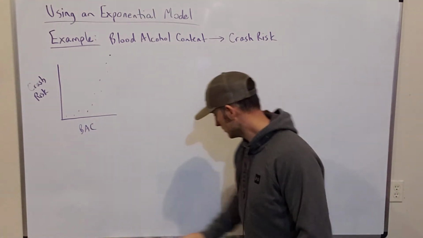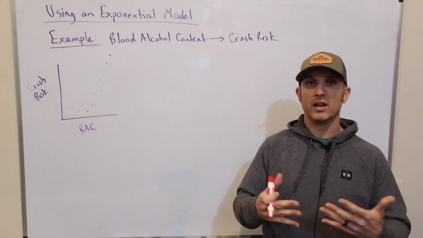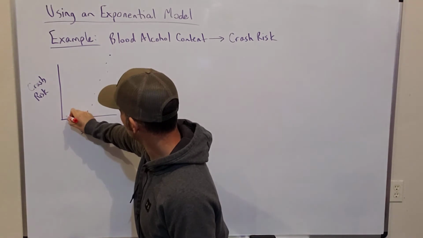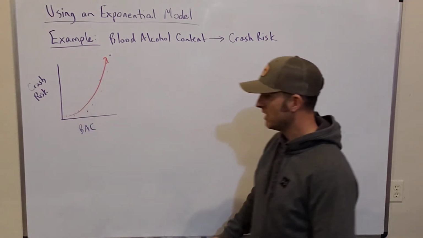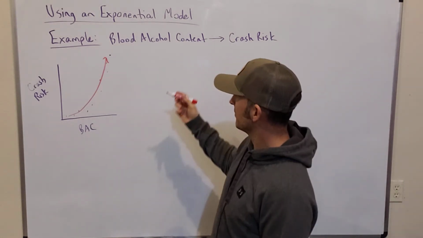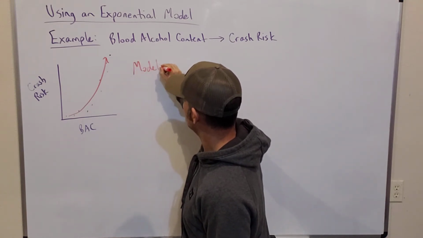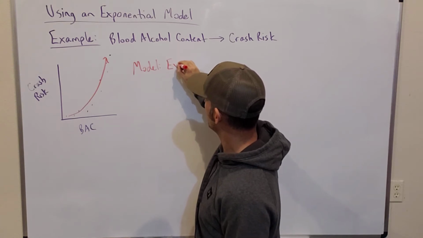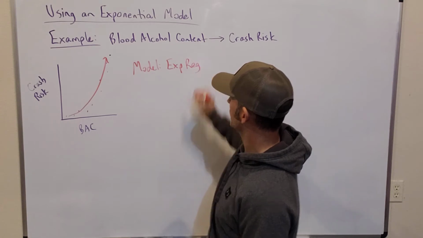So if you were to look at a curve that models this behavior, it might look something like that exponential curve we talked about before. You could use a graphing device to come up with a model, an equation for this curve, using something called exp for exponential, reg for regression.